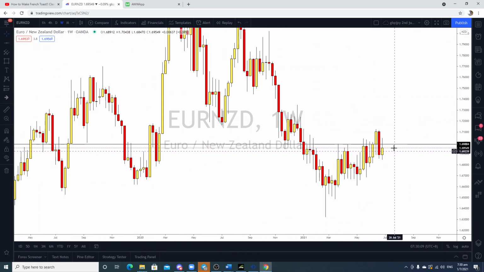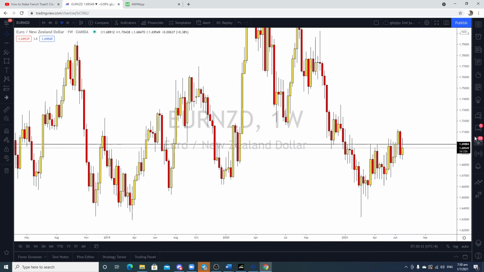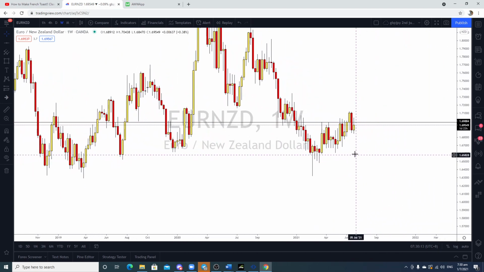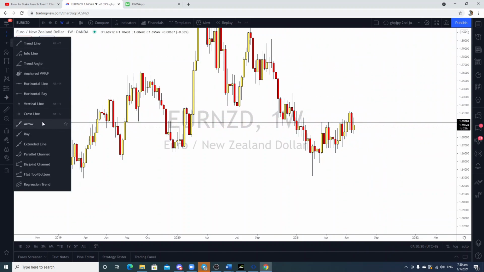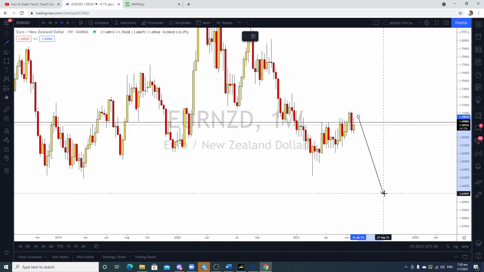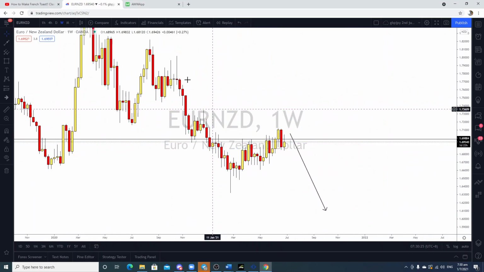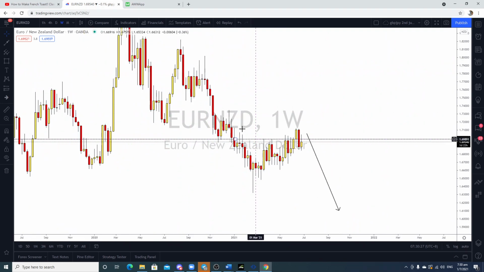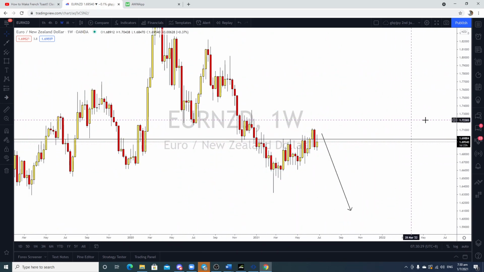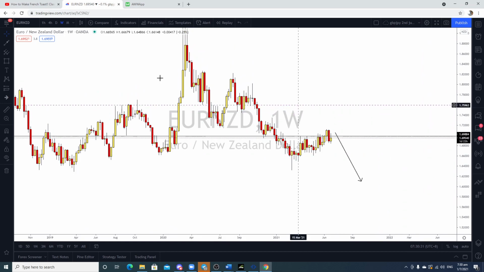In which this area here could probably be a pivot point for price to go lower, because as I said previously, structure is still leaning more towards the downside, as there are no higher highs and higher lows based on this structure.